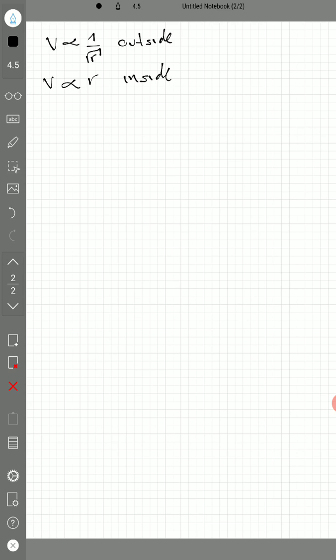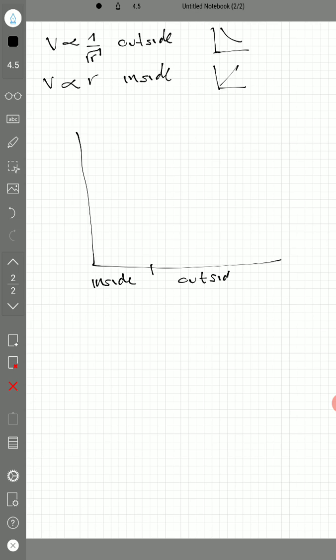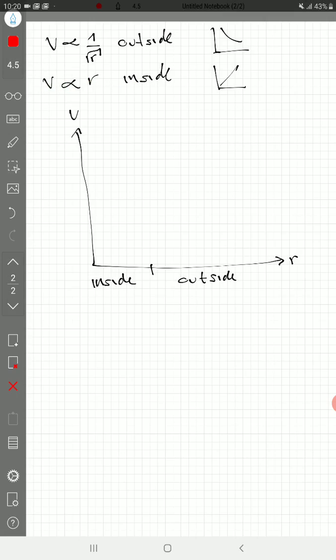So this we know has this type of behavior, and this we know has this type of behavior. So if you plot a graph that tells you what happens inside and what happens outside in terms of the radius from the center of the galaxy, the velocity will behave initially increasing linearly.